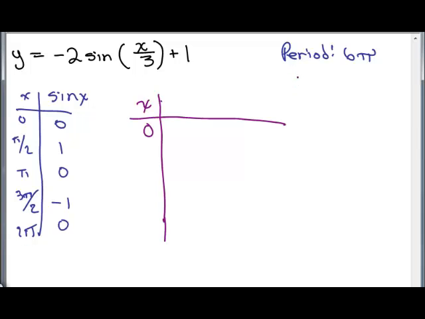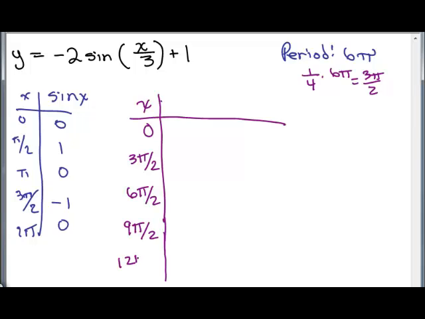So remember, you could add a fourth of the period to get the next key ordered pair. That is the same thing as adding 3 pi over 2. So we add 3 pi over 2, and then we add 3 pi over 2 again, which of course means you're just adding 3 pi to the numerator, 3 pi over 2 again, and 3 pi over 2 one more time. I'm just writing them all with a common denominator, but you could of course simplify these.